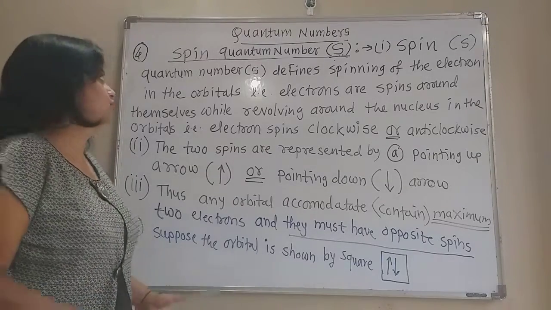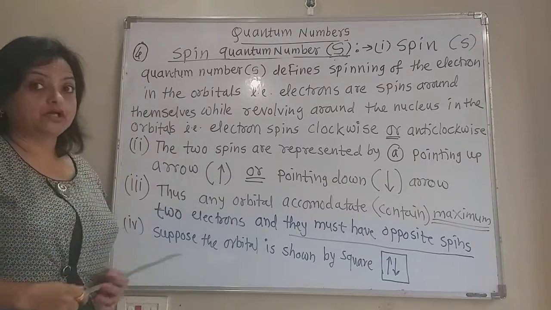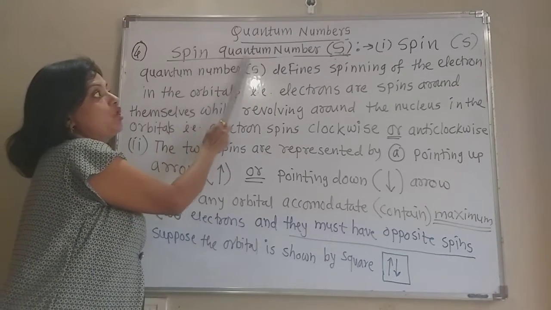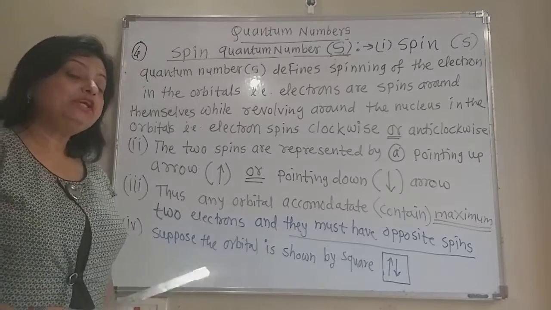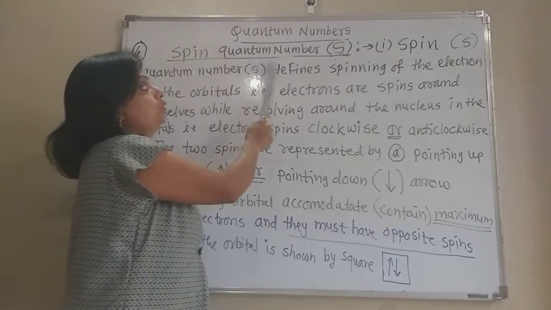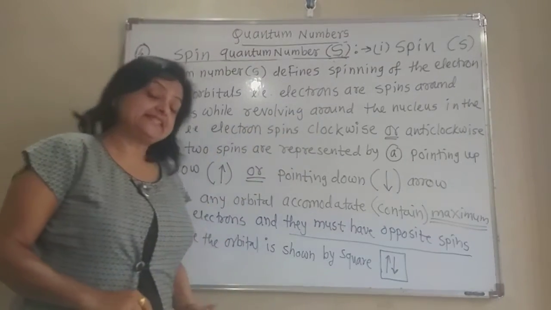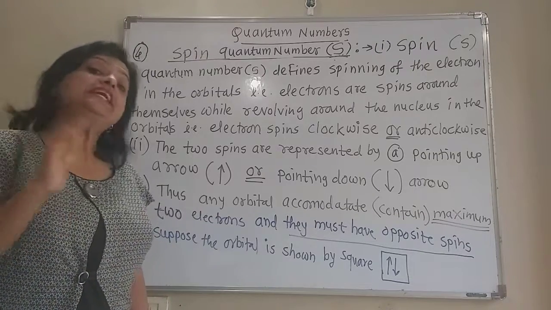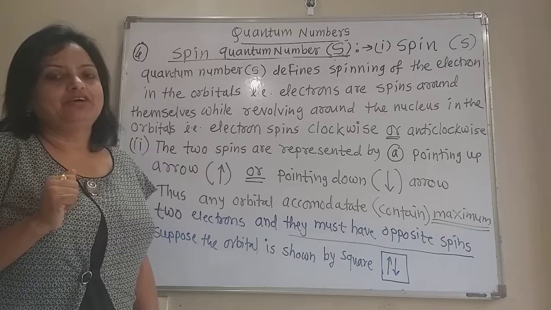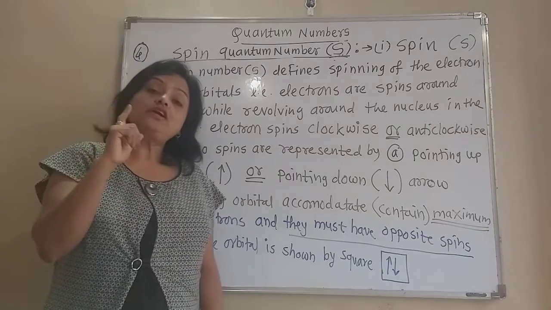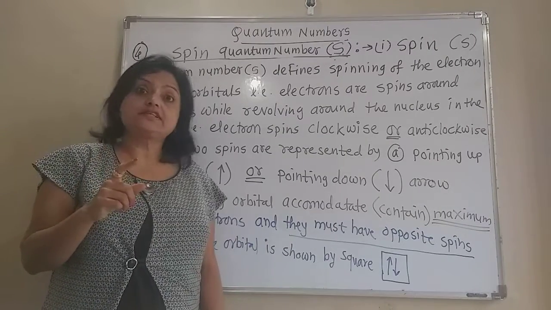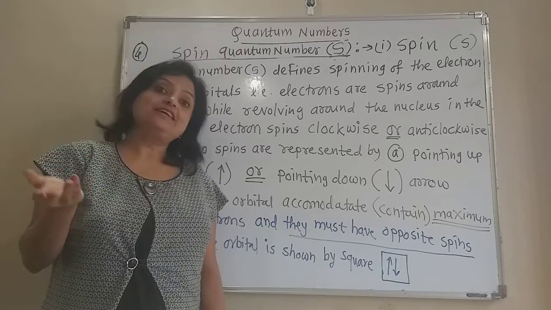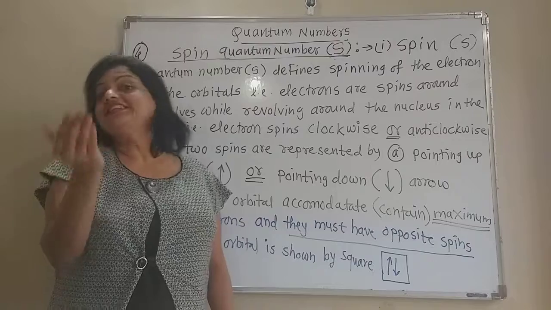Now the last, fourth quantum number. This quantum number is known as the spin quantum number. The spin quantum number is denoted by the symbol S. This spin quantum number gives us the spinning of the electron. When electrons revolve around the nucleus in the orbitals, the orbitals are in the subshell and the subshells are in the main shell.